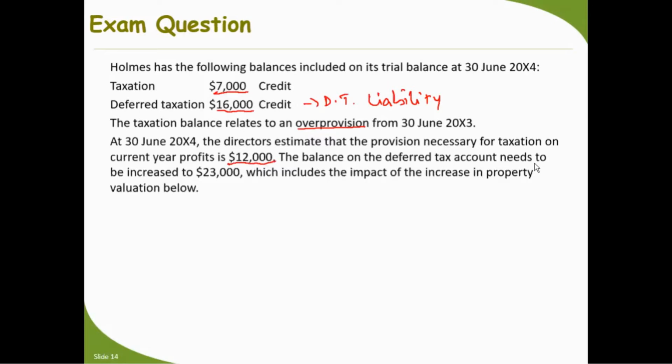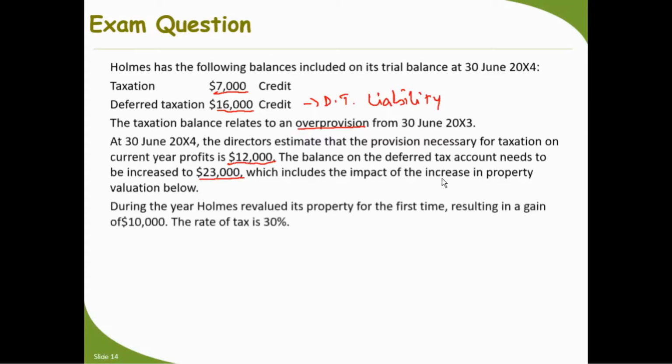Balance on deferred tax liability needs to be increased to 23,000. Now the closing balance is given to you for deferred taxation liability, which includes the impact of the increase in property valuation below. This is what I indicated. Now, when you want to calculate this, 23,000 as your deferred tax liability closing balance, in your SFP it will go as 23,000.